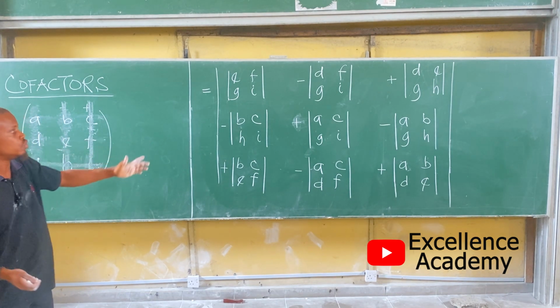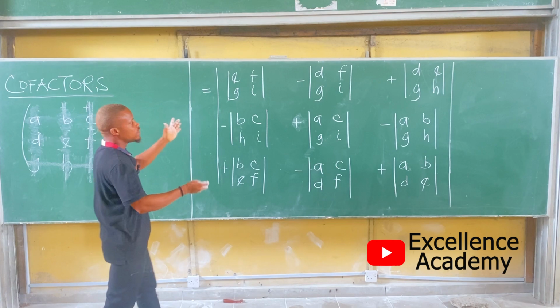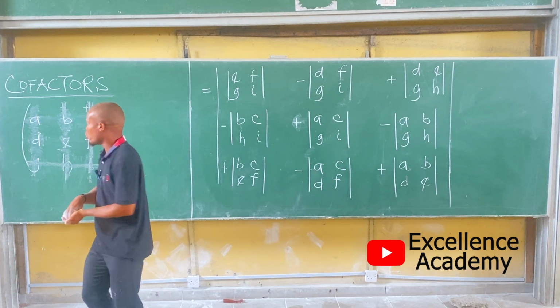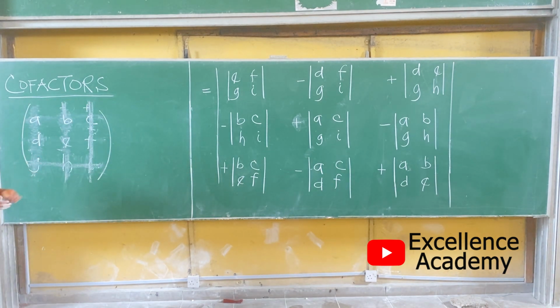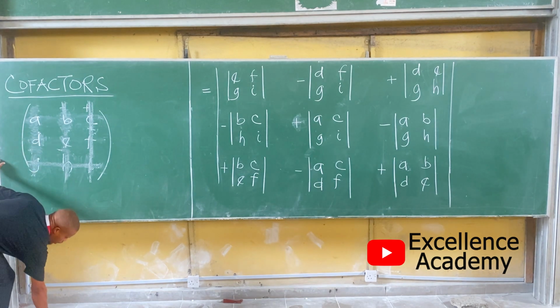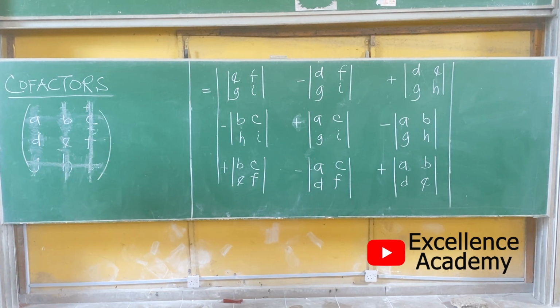So this is the first thing you do, by getting the determinant at each point of the given matrix. So let's get the determinant. How do you get the determinant of a 2 by 2 matrix? Alright, we'll look at that now.